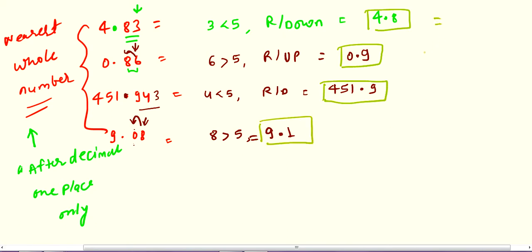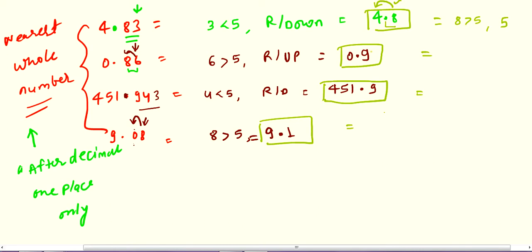So now in this case, after the decimal, if you have digit 5 or greater than 5, then it is a case of rounding up. For example 4.8: after the decimal you have 8, and 8 is greater than 5, so this is a case of rounding up. So this 8 will give 1 to the previous digit. So this 4 plus 1 will become 5, and you will remove the 0.8.